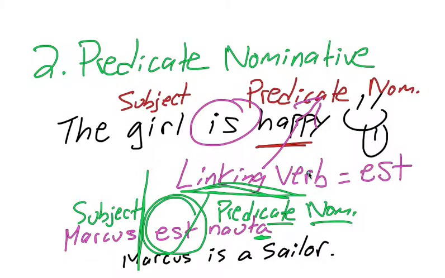Okay, and let's do one more example of this. I want to do a plural example. Of course, in chapter 1 we learned that the plural of est is sunt, and sunt means are, or it can also mean there are. Okay, so here's an example of sunt as introducing a predicate nominative, that is.